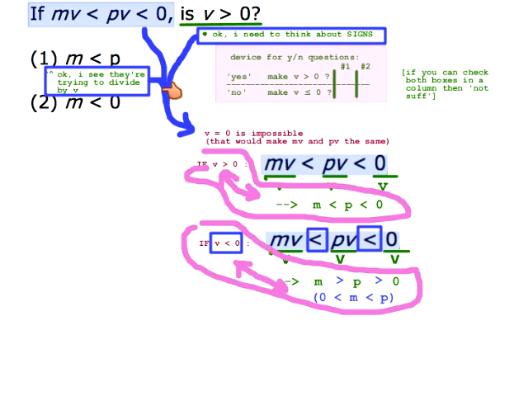So statement 1 is only happening in this case. Statement 1 is not possible in this case. So check first box. Cannot check second box. That's sufficient. Yes, indeed it is.